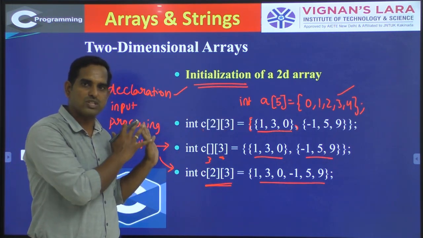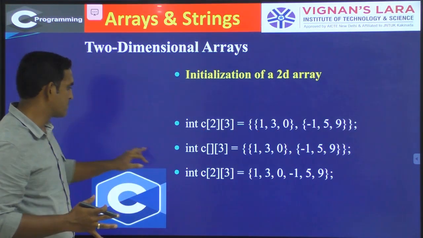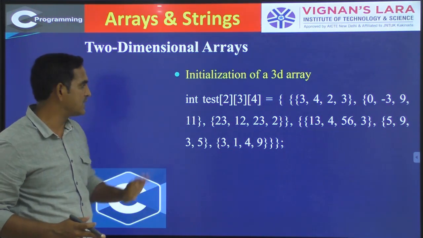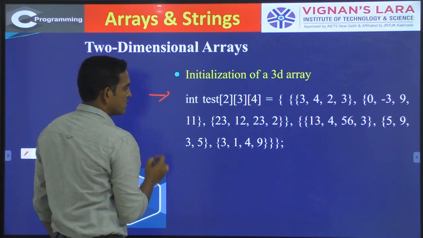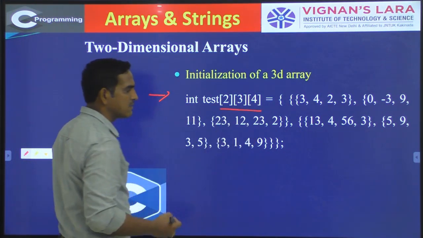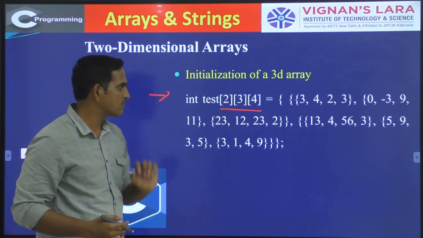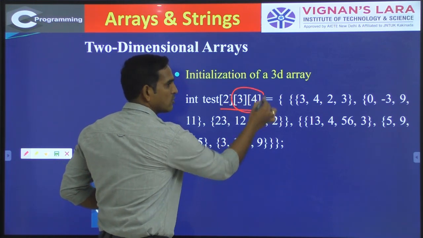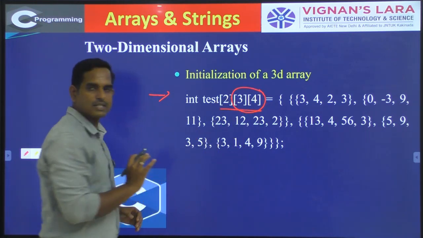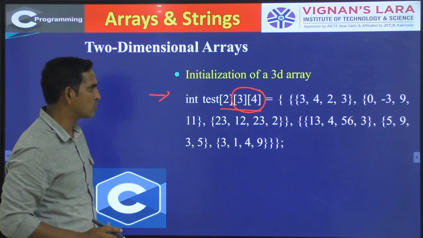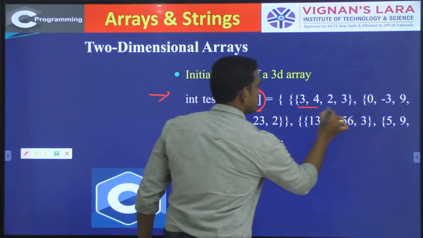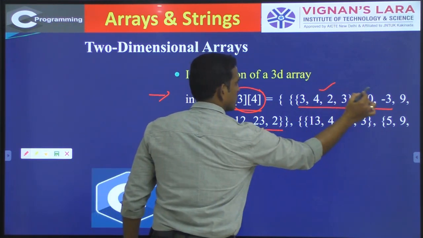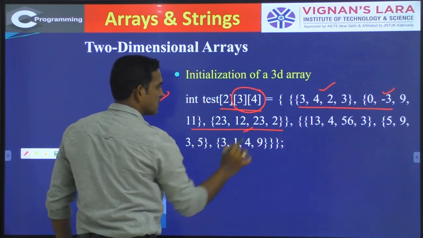The same is the case with your 3-dimensional arrays. So this is the initialization of a 3-dimensional array. So here you are specifying a 3-dimensional array of 2 3 by 4. So you will be having one 3 by 4 matrix and another 3 by 4 matrix. So you will be having 2 3 by 4 matrices. So this will be one 3 by 4 matrix. This will be the one 4 elements, another 4 elements, another 4 elements.